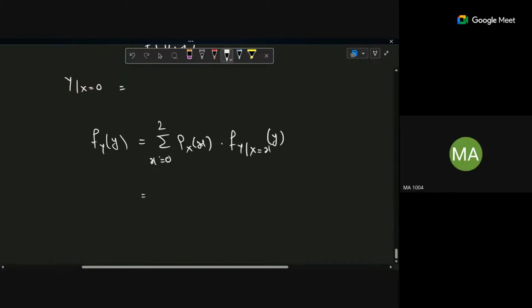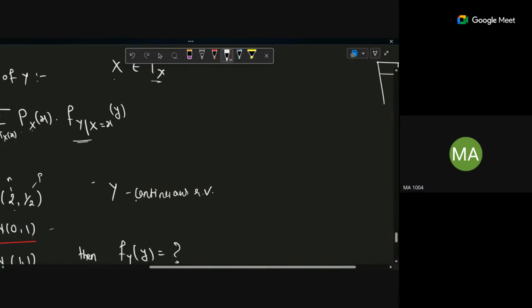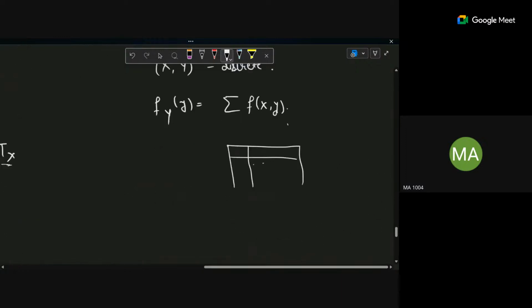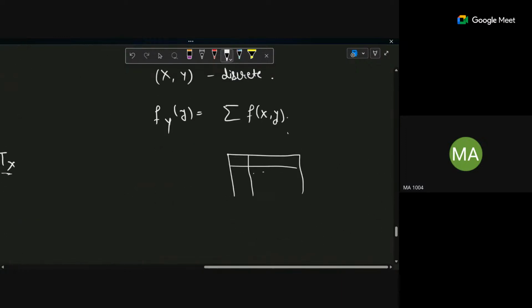Marginal density is the sum of all the joint probabilities when y is fixed and x is varying. I have explained here somewhere, right? For corresponding to this discrete. What we used to do when this joint probability fxy was given to us, right? Here x1, x2 are there, y1, y2 are there.